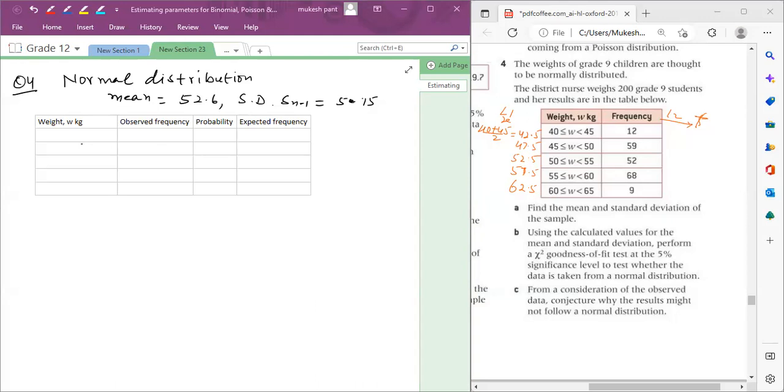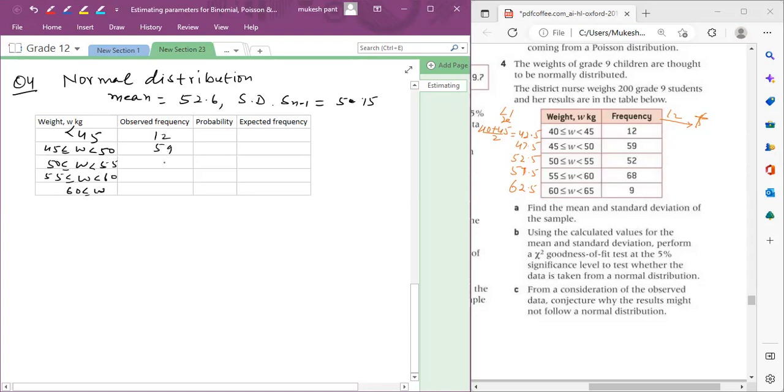In the table, mention if weight is less than 45, then 45 to 50, 50 to 55, 55 to 60, and finally 60 less than or equal to W. For the observed frequency, you write 12, 59, 52, 68, and 9.